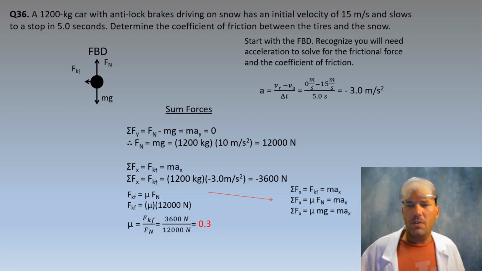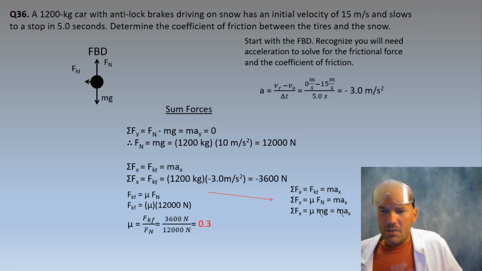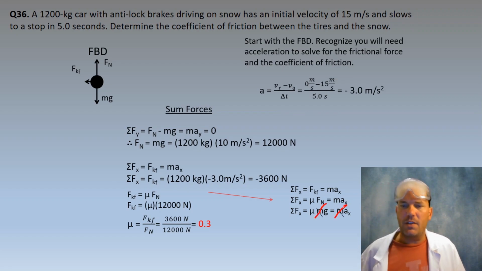Okay, so looking at this here, we can see our horizontal summations. We can see how we can actually plug in mu, where force normal equals mass times gravity, and we can cancel out the mass, all right? So you might be saying, why am I showing you this?